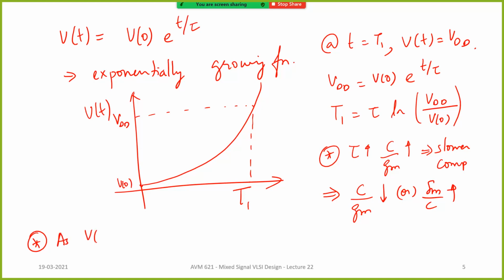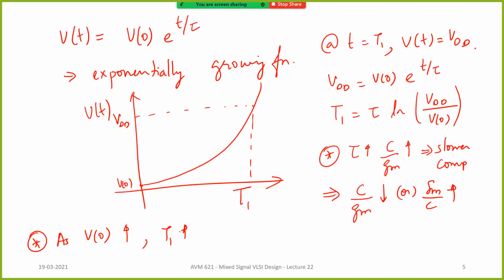Now what is the other thing? As V0 increases, T1 also increases, correct? So as you try to distinguish between smaller and smaller voltages, the time required for your comparator to successfully do a comparison increases, and there is a logarithmic relationship here.